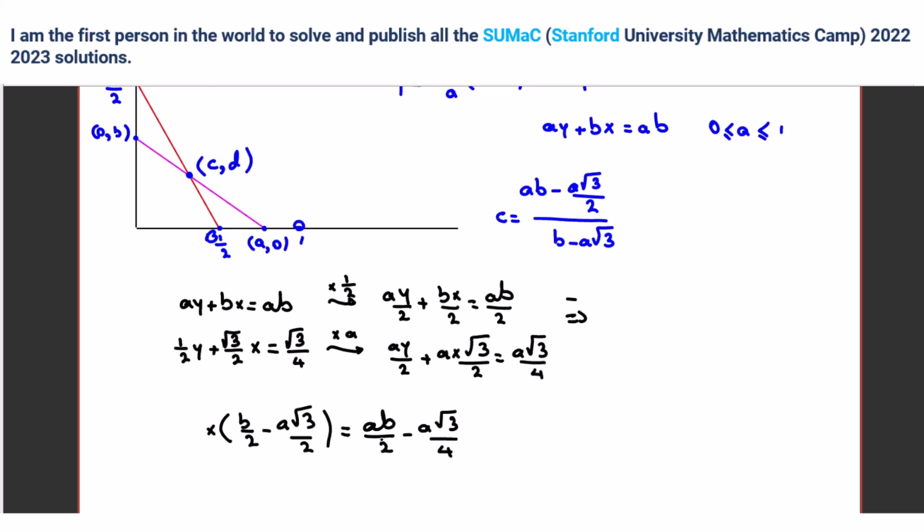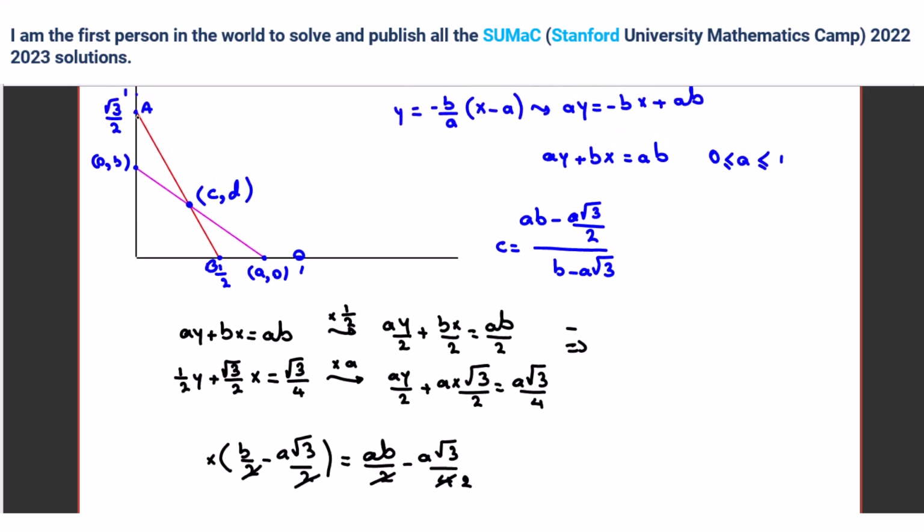So to get rid of the denominators, if we multiply by 2, then we have only this: (ab minus a root 3 over 2) over (b minus a root 3), yes. So C is this and D is, okay, so let's focus only on C. So this C, look, it says there exists exactly one C that is not possible, right?